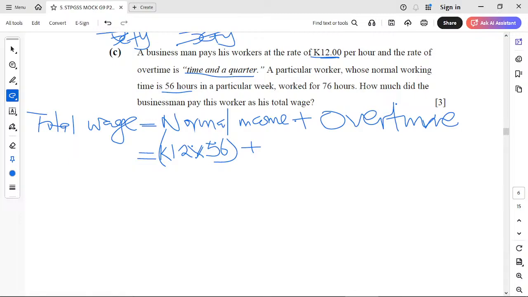That means 1 hour of overtime earns a worker 15 kwacha. So we say 15 kwacha times the overtime hours. Normal hours per week are 56, and this worker worked 76, so the difference of 76 and 56 is 20 hours.